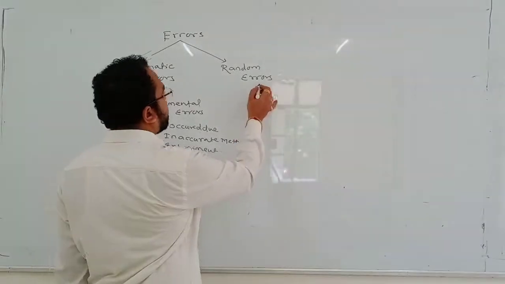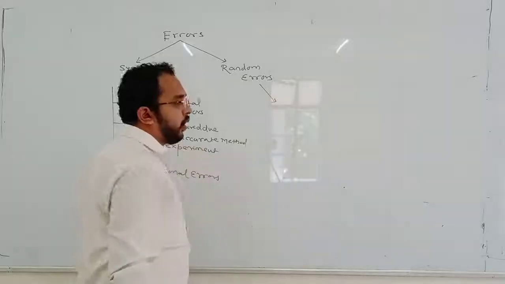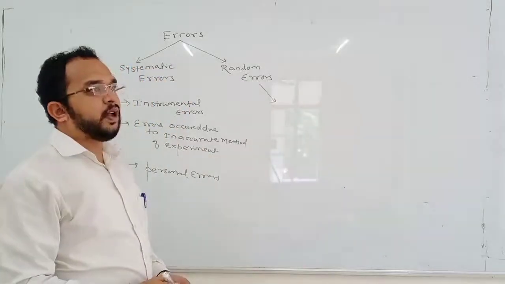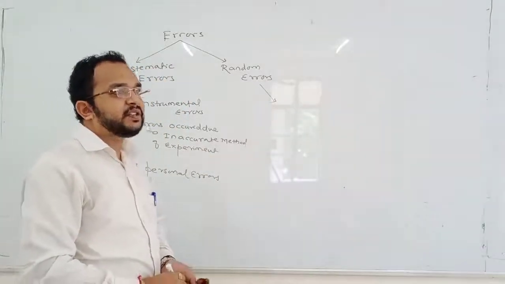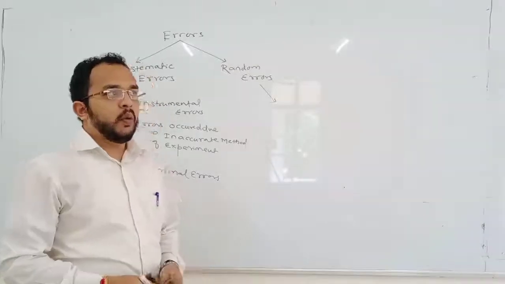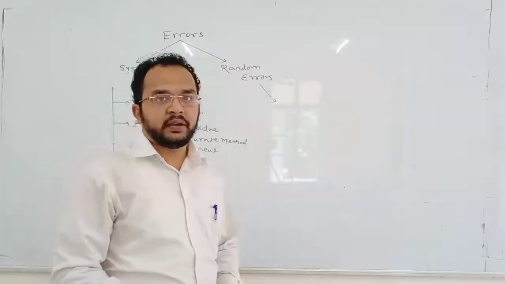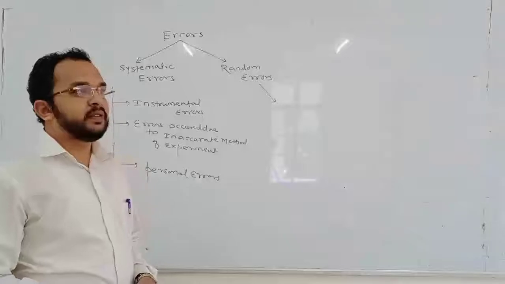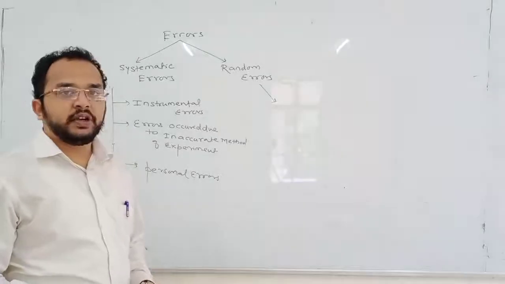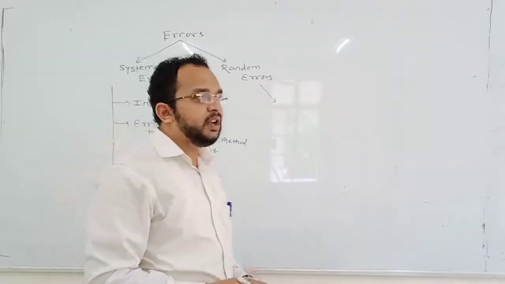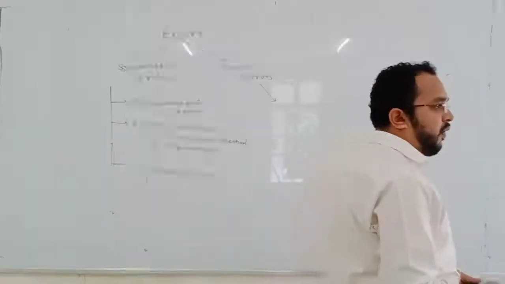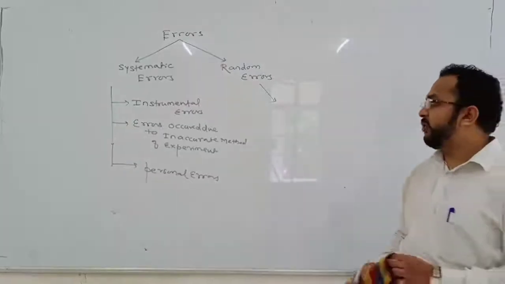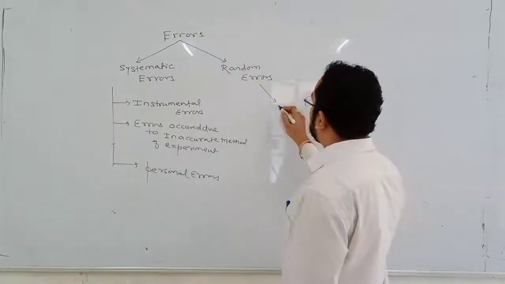But the random errors are those which are caused because of external factors. Random name itself says we don't know why or what is the reason behind it. Why these errors have been caused. So it may depend on temperature, pressure, or atmospheric conditions, or mechanical vibrations. So lots of factors.